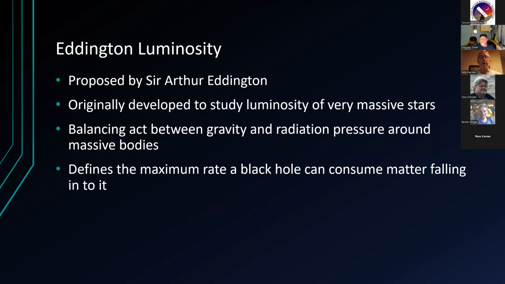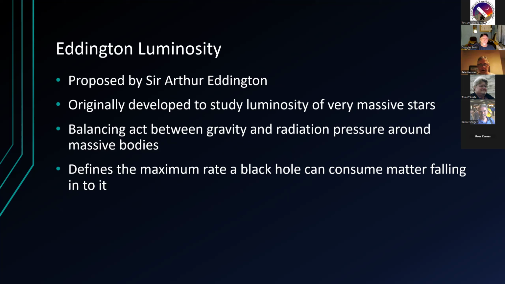The other fundamental property that relates to some things important with the accretion disk is what's known as the Eddington luminosity. This was originally proposed by Sir Arthur Eddington, who at the time was interested in studying the luminosity of very massive stars. He wanted to understand what is the largest a star could possibly become in our universe.